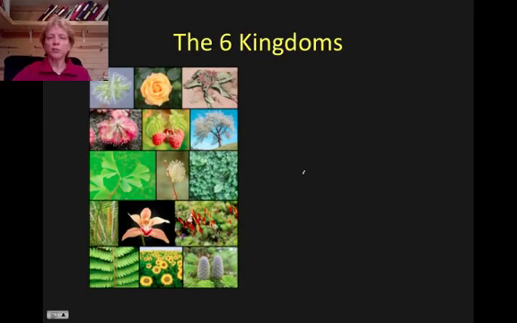So, of course, this is one of the easy ones. This will be our plant kingdom. Fruits, vegetables, flowering trees. It would be the conifers or the evergreen trees. It even includes microscopic plants that you find in oceans that other organisms feed off of.